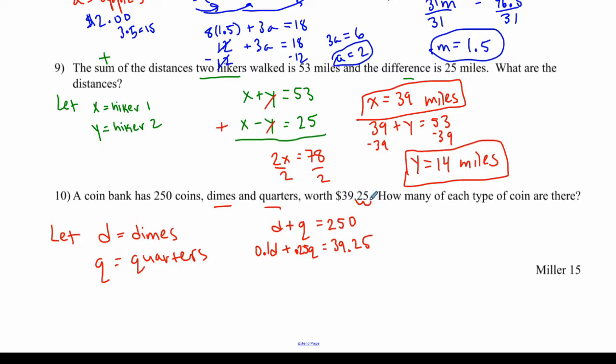So you could move the decimal point over 2 places. Essentially we're multiplying everything by 100 here, so 10 cents per dime plus 25 cents per quarter equals 3,925 total cents. I think this second way might be a little bit easier.